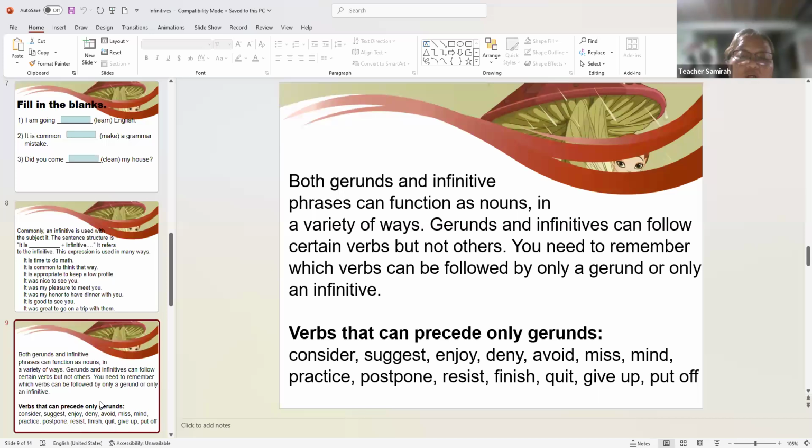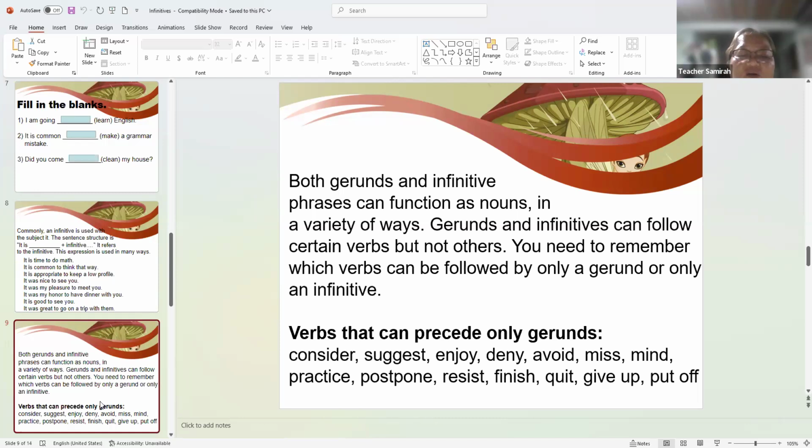So what are the words that can be used only with gerunds? The verbs that can receive only gerunds are, look at this: consider, suggest, enjoy, deny, avoid, miss, mind, practice, postpone, resist, finish, quit, give up, and put off.